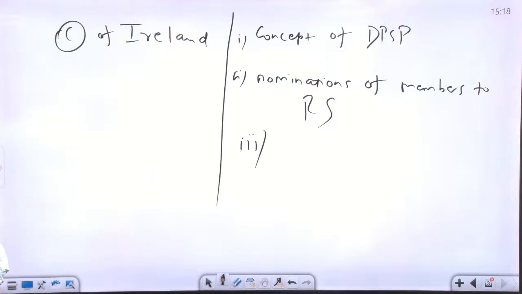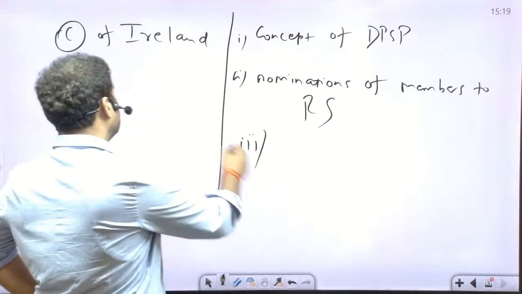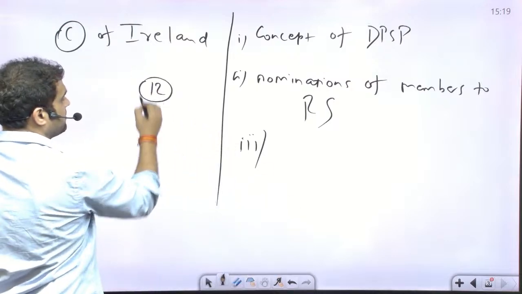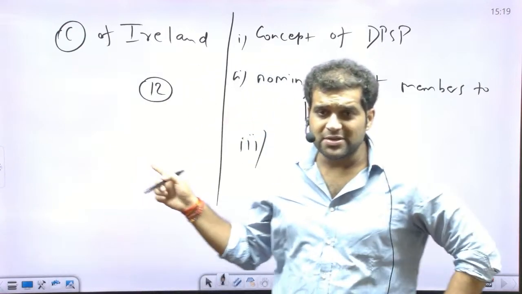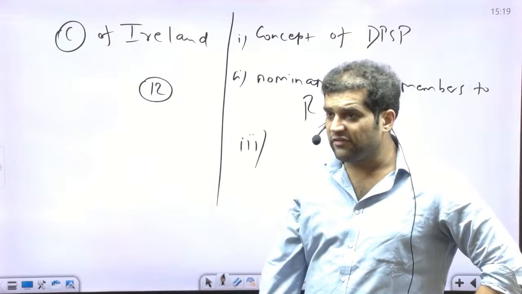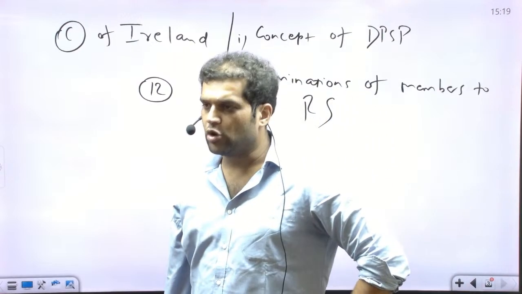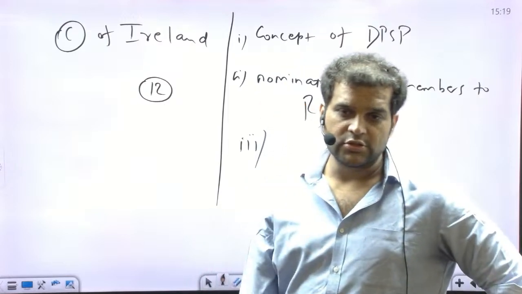Tell me. Yes, guys, tell me. How many members are nominated in Rajya Sabha of India? 12. Yes, very good. These 12 members are nominated. And who nominates these members? It is the power of the president. The president nominates 12 members to the Rajya Sabha.